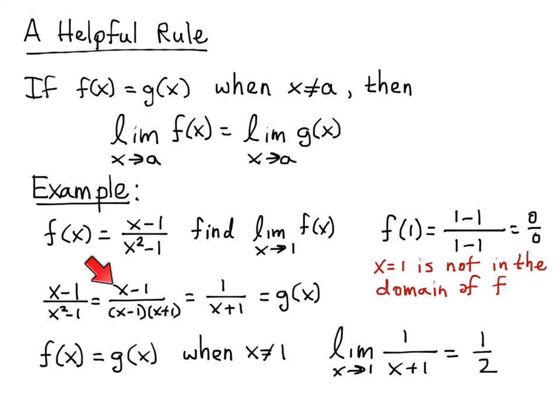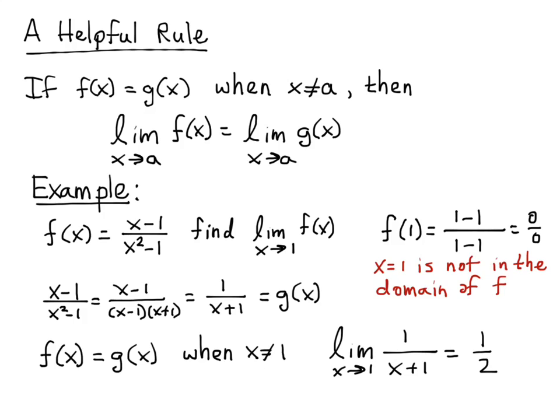The holes are where the factors cancel. So that basically says that f of x doesn't evaluate at 1. But once we simplify it to this, and if I call g of x this, we don't have a hole anymore. And so the two functions coincide except for that hole.